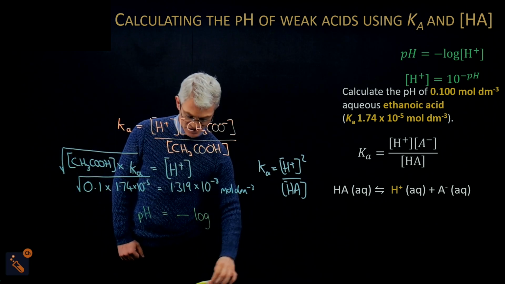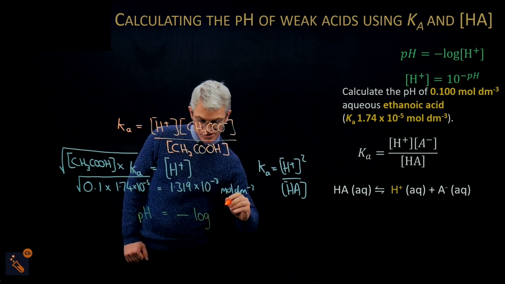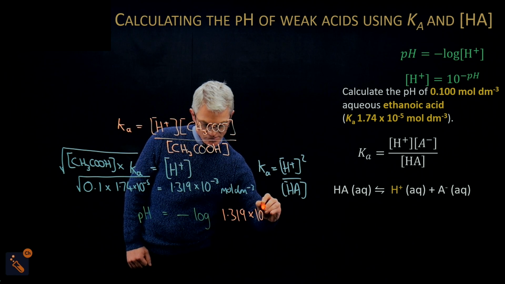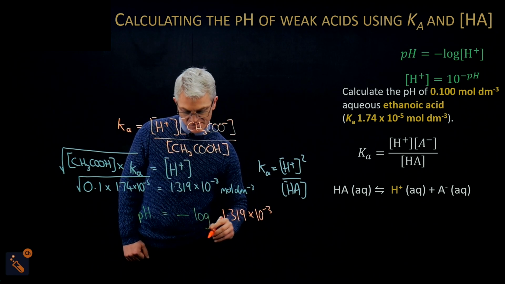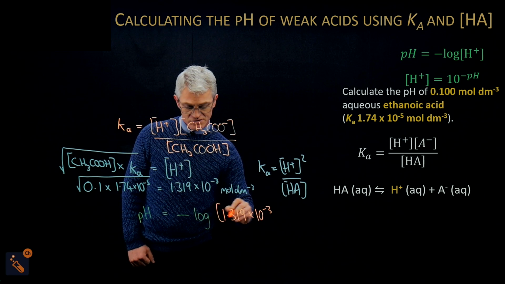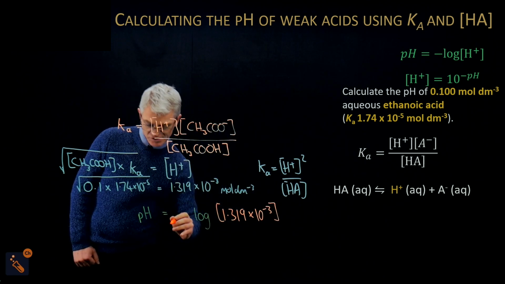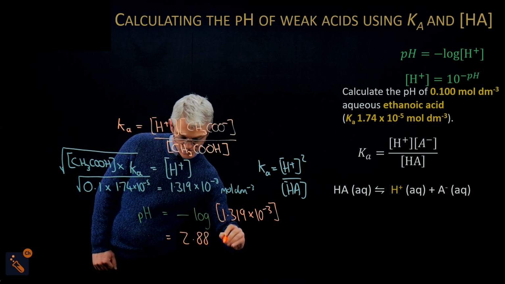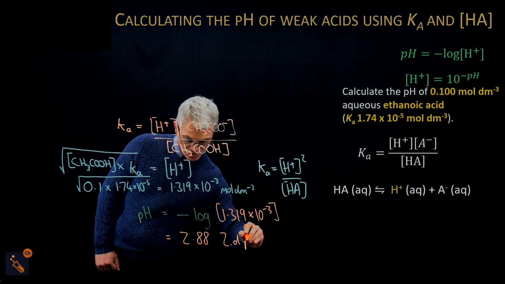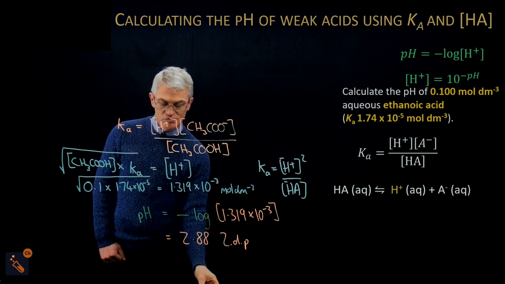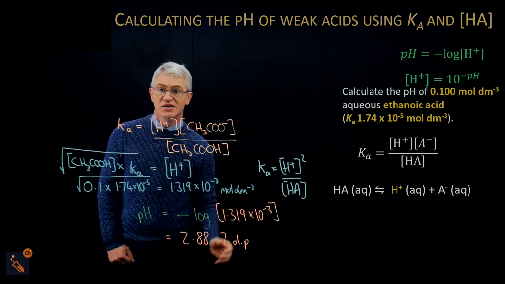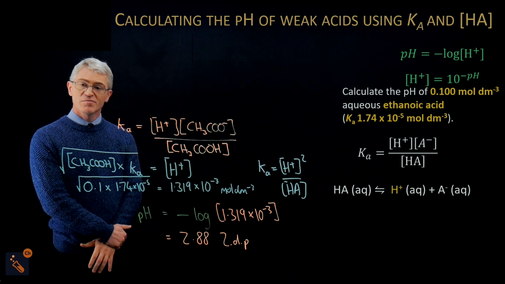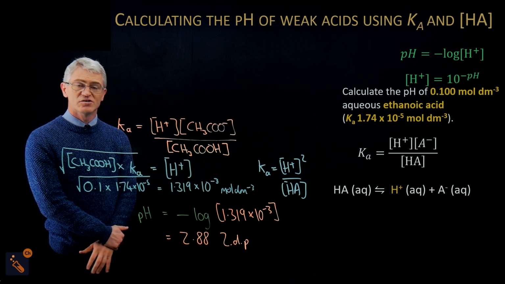And then from there, we will just put in 1.319 times 10 to the minus 3, and that is our concentration, which gives us a final answer of 2.88. Really important to remember, to 2 decimal places. Always to 2 decimal places when it comes to pH. So that is your pH, and that is how you do a simple calculation of pH of a weak acid when you're given the concentration.